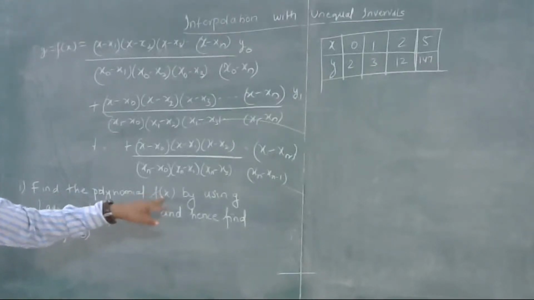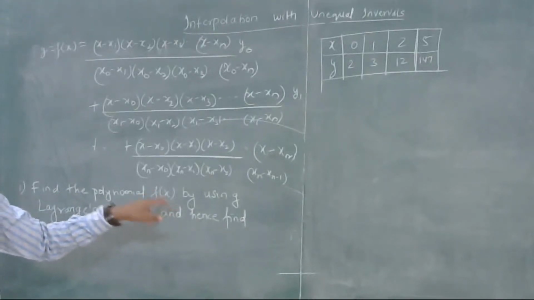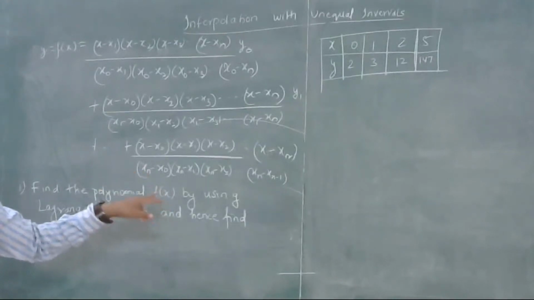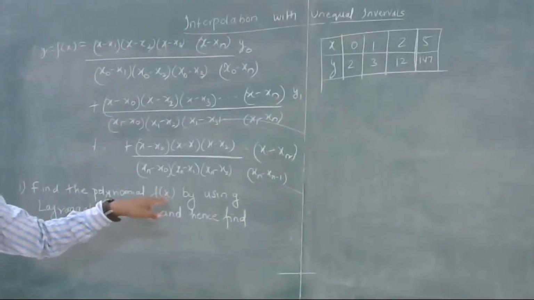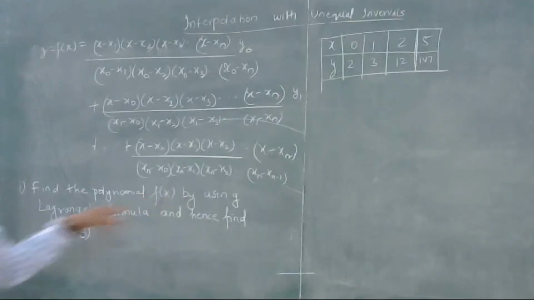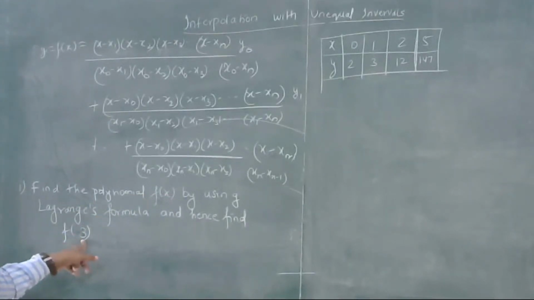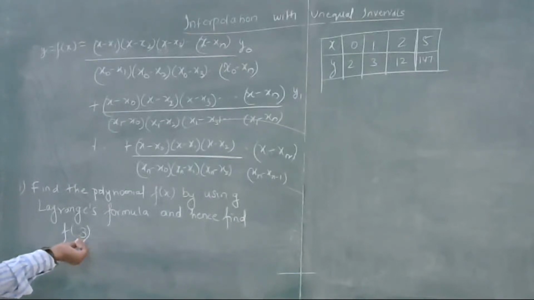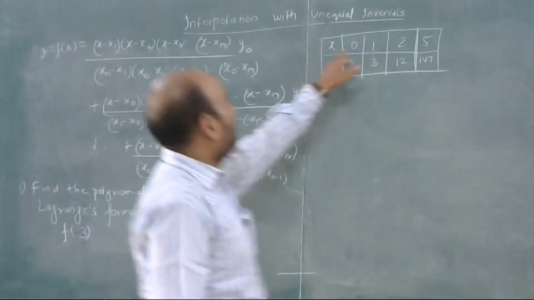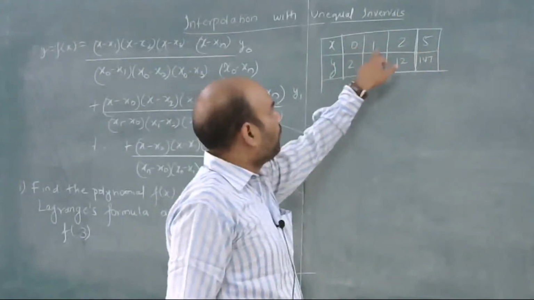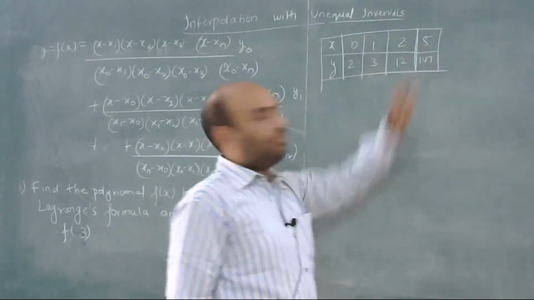First you have to find the function in terms of x, and then, having found this function, find the value of f of 3 by substituting 3 in place of x. Again it is unequal interval: 0, 1, 2, and 5.